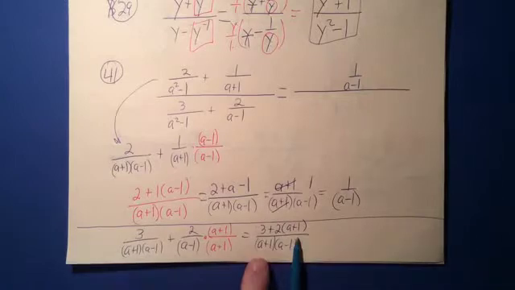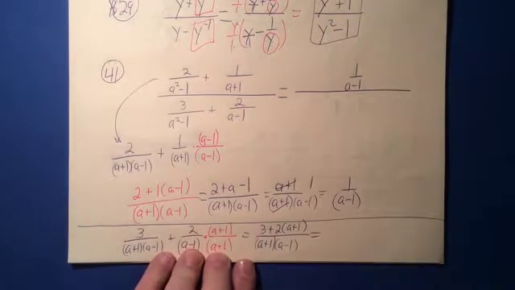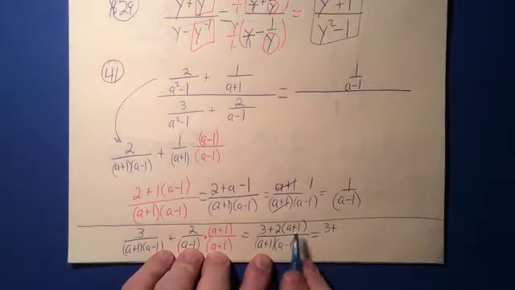Now I can't reduce the a minus 1s because we have 3 plus 2 times a plus 1. I can't reduce it. We have this joined with the 3 here. I need to see what I can do to simplify this a little bit. Maybe we can, but not in the form it's in. So this will be 3 plus 2 times a is 2a.